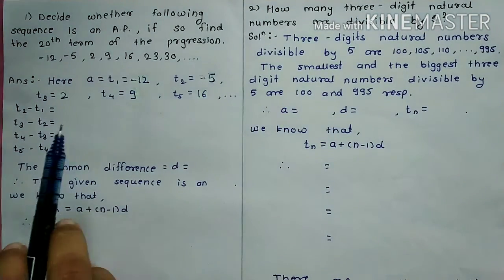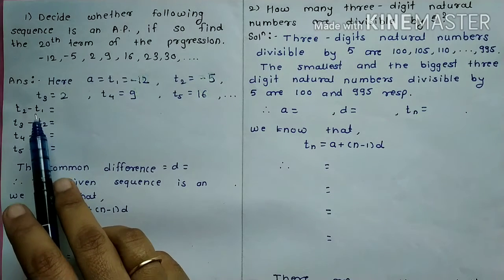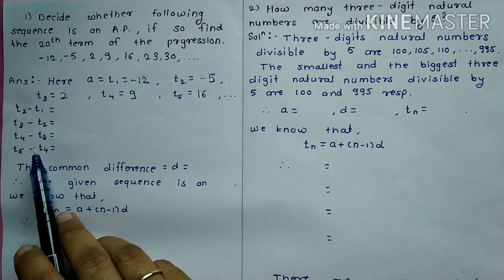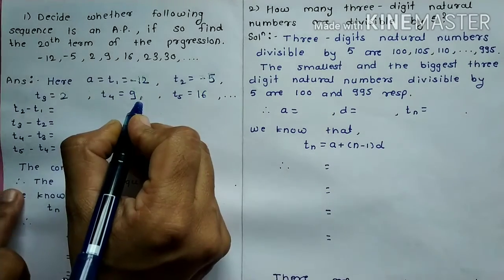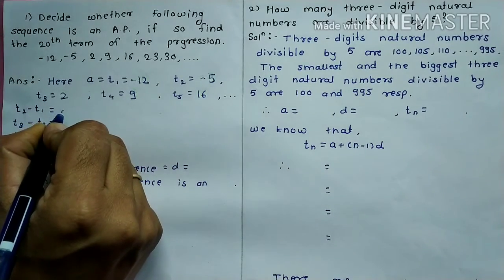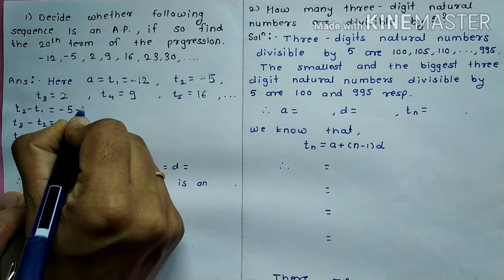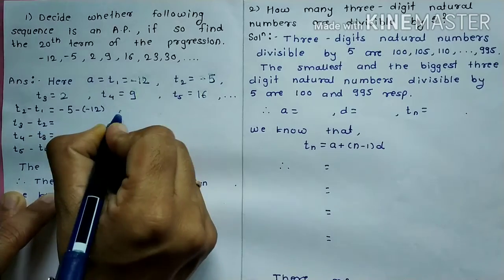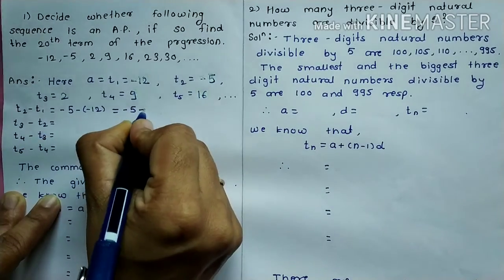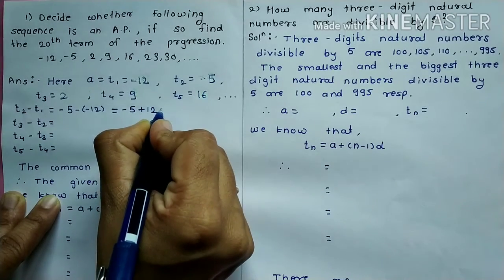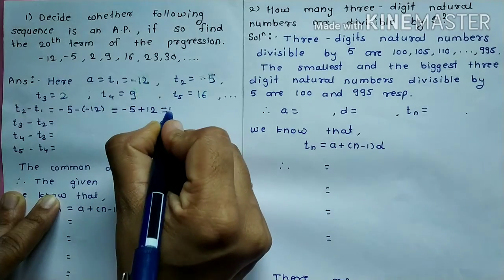To decide whether the given sequence is an AP, first we have to find the difference between two consecutive terms. So first find T2 minus T1. Substitute values. T2 is minus 5 minus T1, minus 12, is equal to minus 5 plus 12, which is 7.